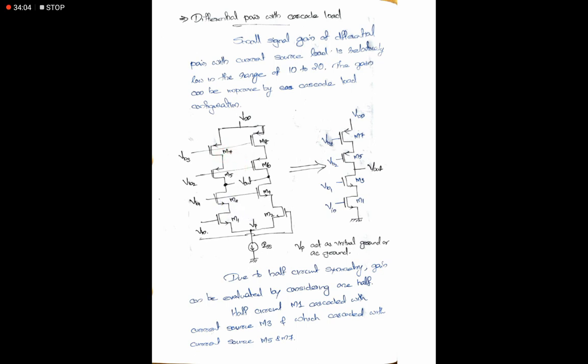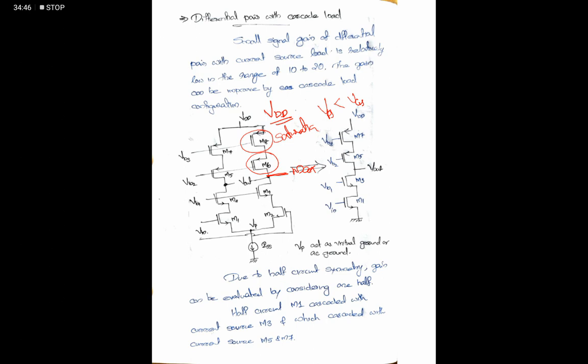Okay, so if we consider the maximum value of this one, we know this source voltage is VDD. Okay, this one is VDD. So the maximum value is such that this drain voltage, in case of PMOS, it will be reverse, right? PMOS, it will be reverse. So this maximum value is such a way as to keep M6, M7 and M8 in saturation. So the drain value, that VDS must be less than VGS minus VTH.